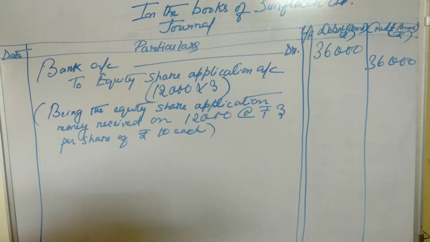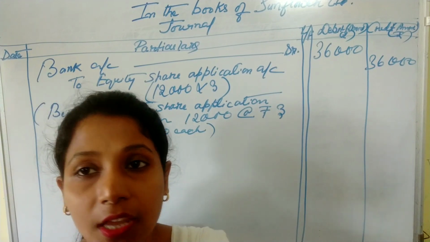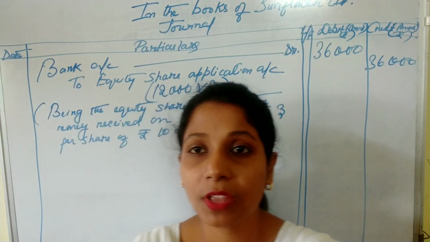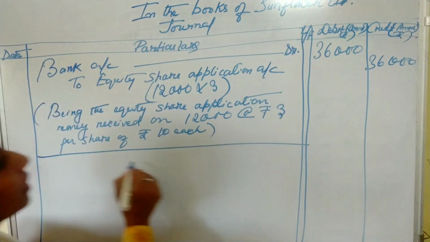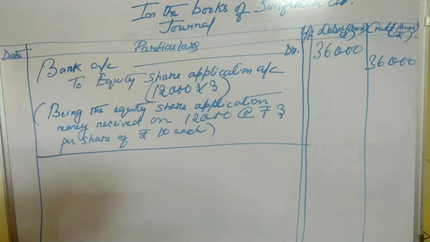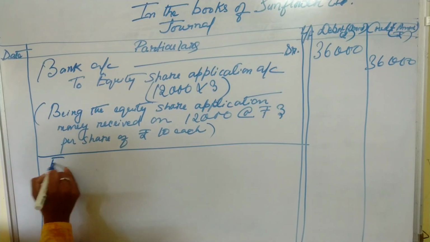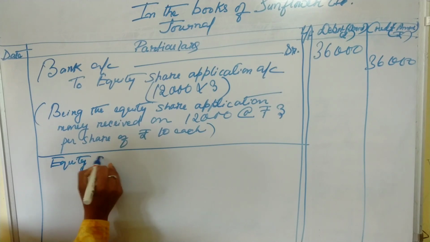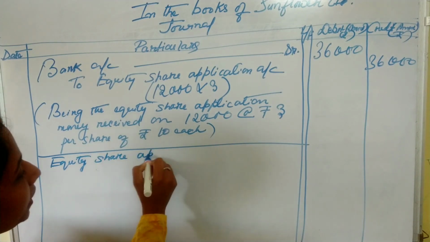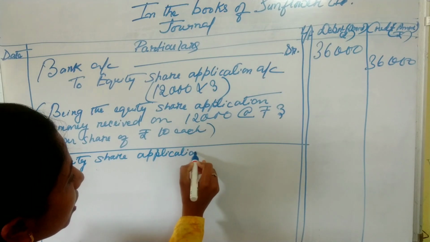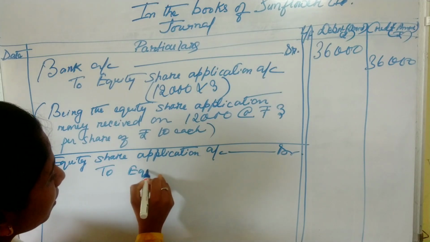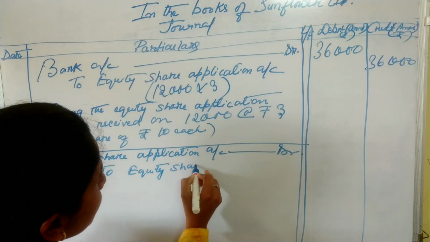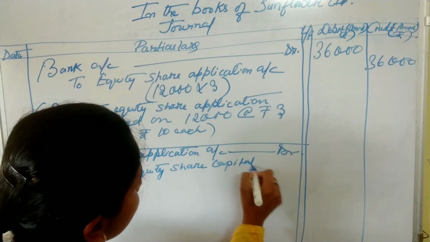Now what are we going to do next? We are going to transfer this application money to equity share capital account. So the next entry is transfer of the application money to equity share capital account. Equity share application account debit to equity share capital account.